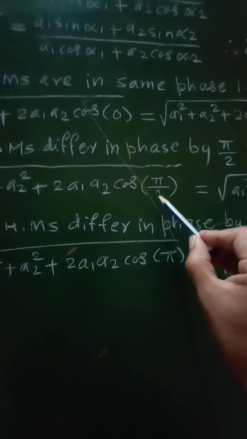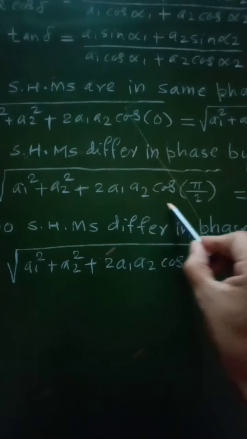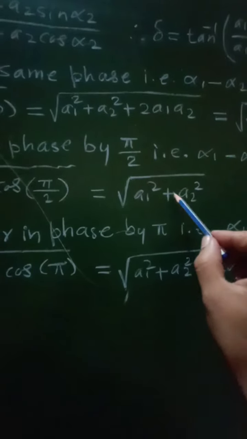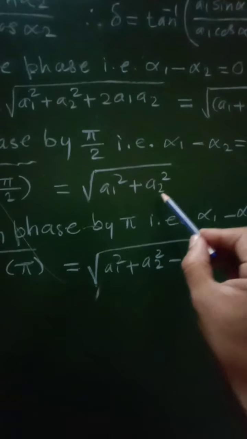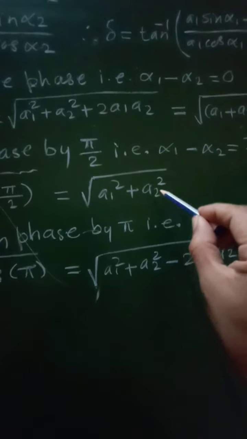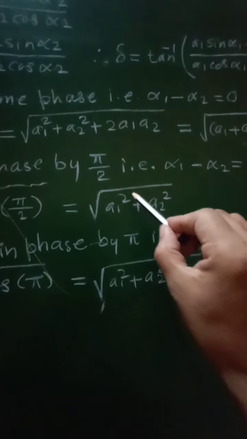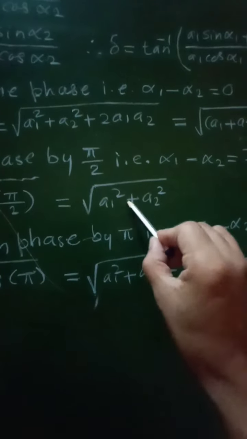But cos pi by 2 is 0, therefore this term will become 0, and therefore r will be equal to root of a1 square plus a2 square. It will be the resultant amplitude. So it will remain as it is, root of a1 square plus a2 square.